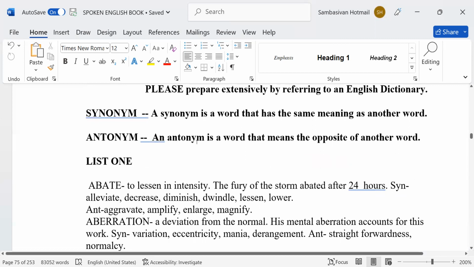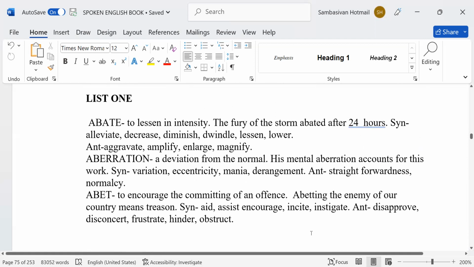Synonym: a synonym is a word that has the same meaning as another word. Antonym: an antonym is a word that means the opposite of another word. List one. Abate: to lessen in intensity.